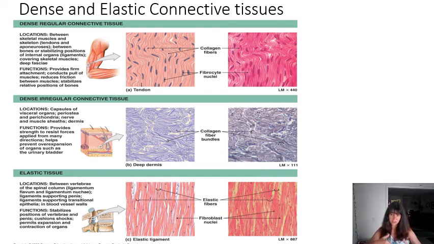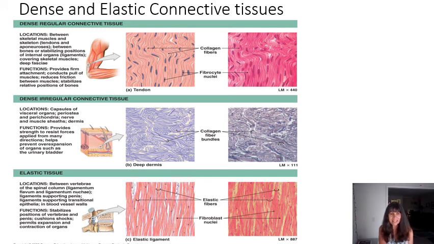If it goes deeper into the dermis, then there will be bleeding because it could cut into a blood vessel. Dense irregular connective tissue helps provide strength to resist forces that are applied in different directions. And it also helps to prevent different structures from overstretching, like the urinary bladder.